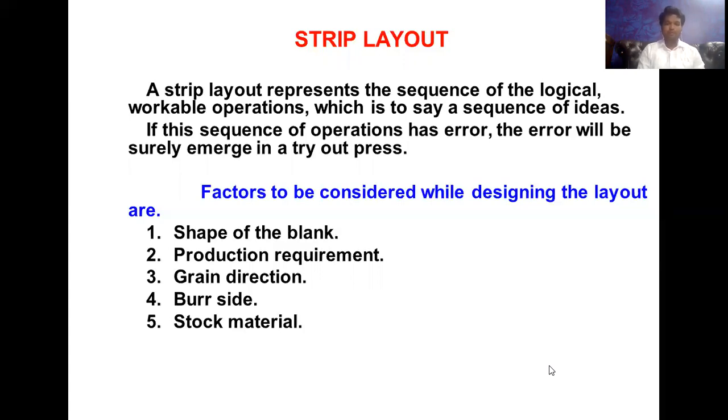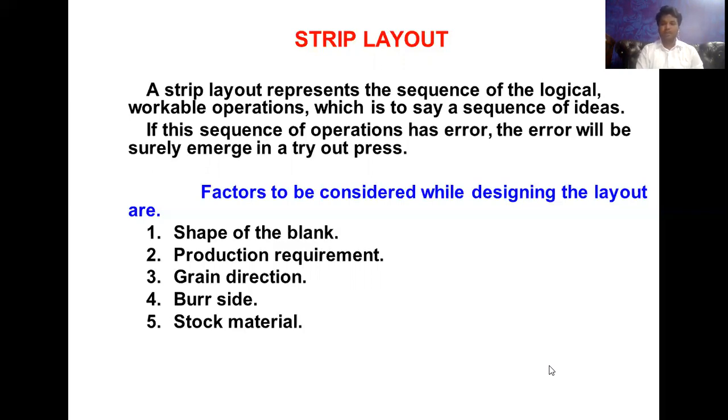When you press the blank material from the strip, obviously the punch will cause a burr in the strip towards the die side. And also the stock material: is it applicable for multiple rows, single rows or triple rows?